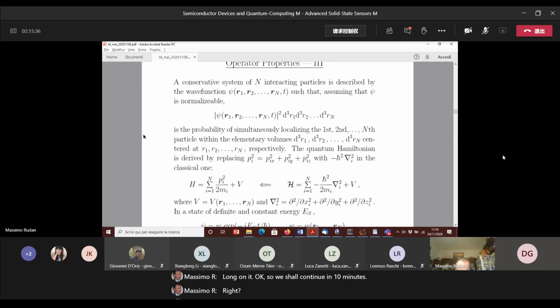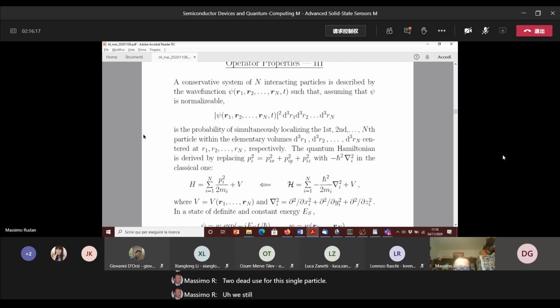Okay, so let's continue. We have introduced the concept of the wave function that describes a system of particles. And obviously, the procedure by which we define the Hamiltonian operator for a system of particles is identical to that used for the single particle.